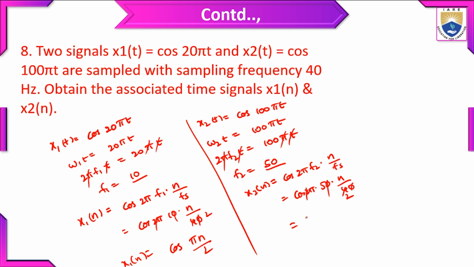So simply cos of 5 pi n divided by 2 is x2 of n. So this is how to convert the continuous time signal into a discrete one.